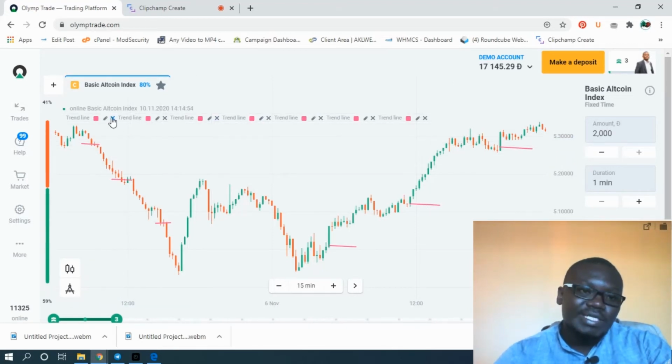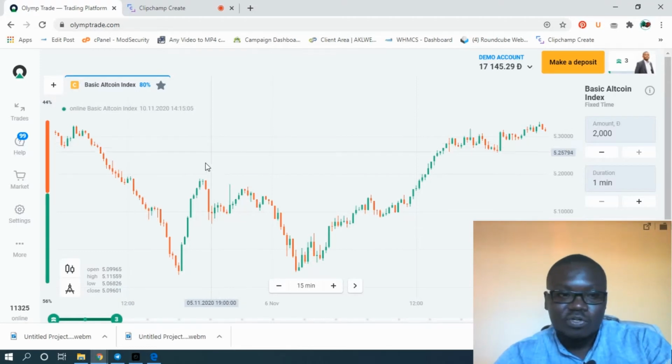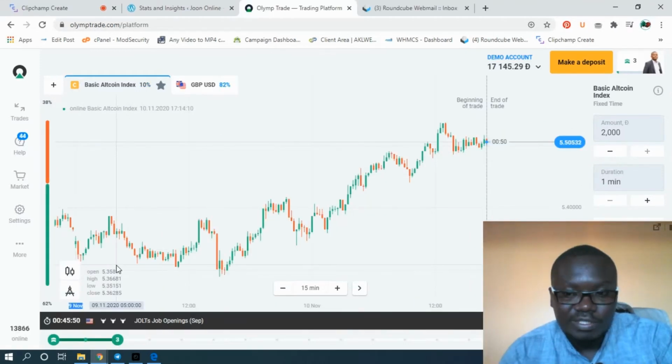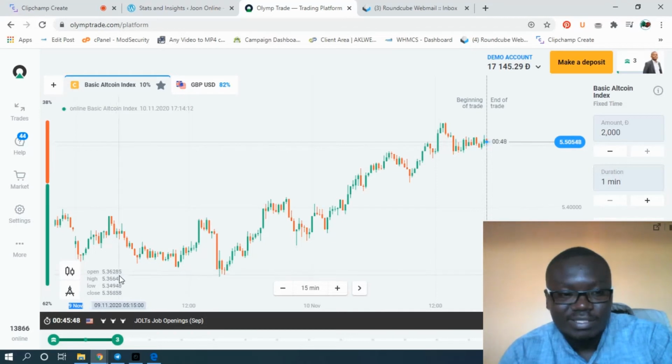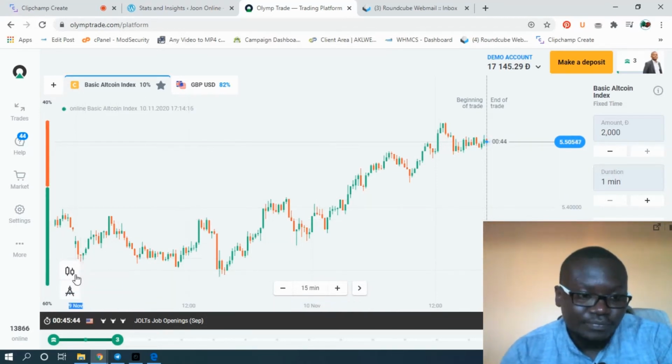So let's remove everything that we've set up on the chart to show you guys a different way of identifying trends on Olymp Trade. Other than using swing points to identify the direction of the trend, you can also use technical analysis tools to tell which direction the market is going.